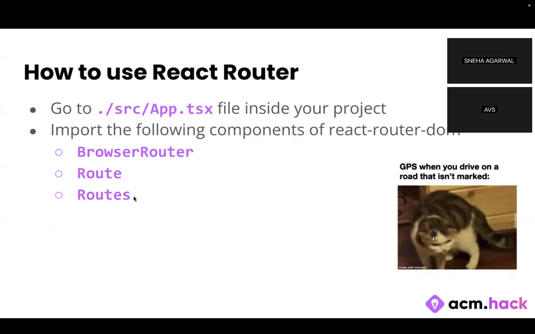And then Routes is going to be a container for each of our individual routes, and each Route is going to specify a route path. And yeah, I think it'll make more sense probably once we start working.